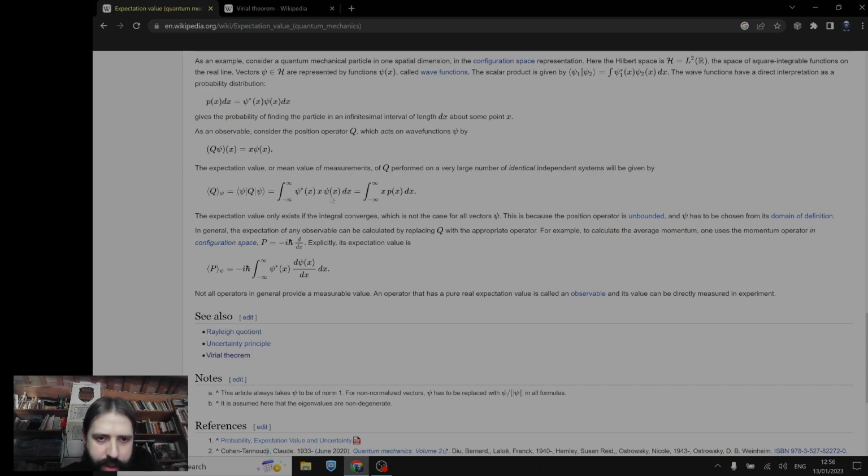Still not so sure. I don't feel 100% comfortable with this. I understand the expression, but it's an integral, right? So you're doing this for every single dx. It's a sum over every single dx. That's essentially what the expression means.